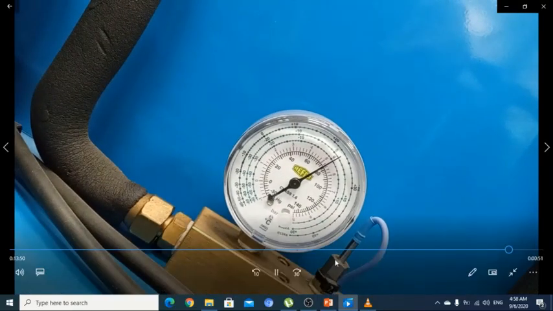This is a temperature transmitter which is displaying the reading on your screen. This is the HP pressure. This is the LP gauge.